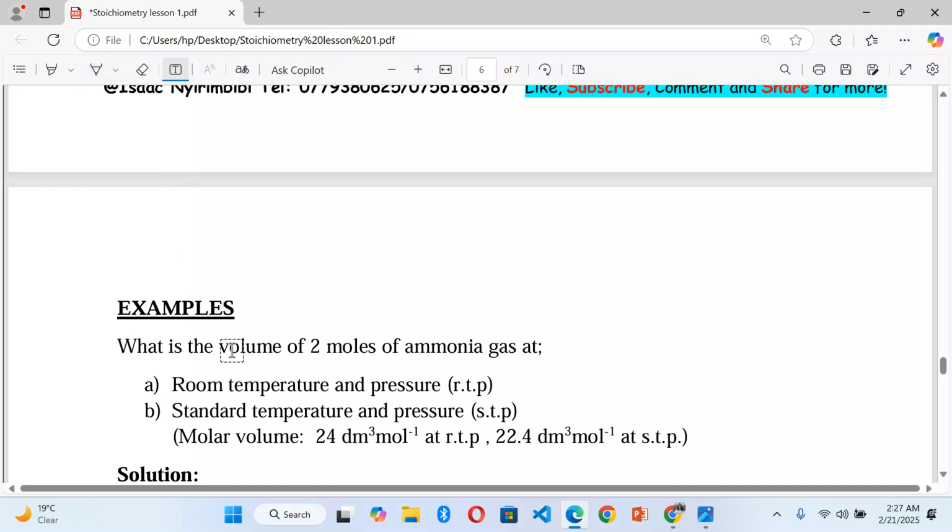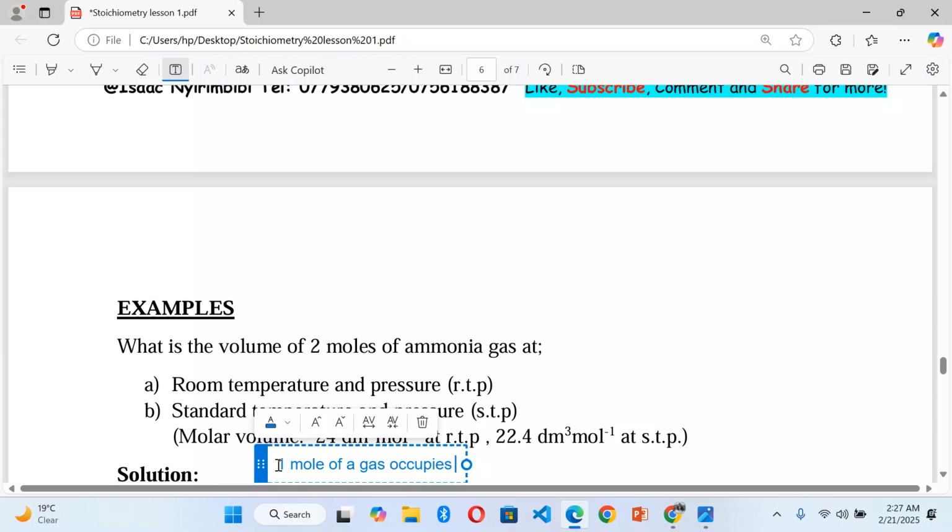Maybe I can note it down here. Here we are saying that 1 mole of a gas occupies 24 decimeter cubed at RTP. So this is the interpretation.